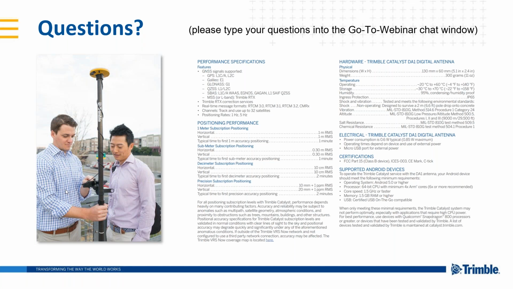There's a question about comparing the accuracy between Catalyst, the R2, and the TDC 150 in difficult environments. That's a good question. On a webinar like this, it's hard to really characterize the difference in performance.